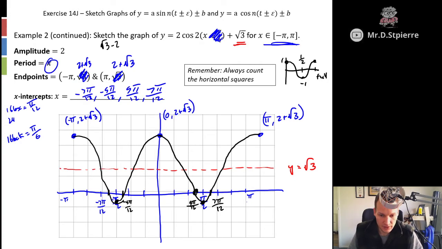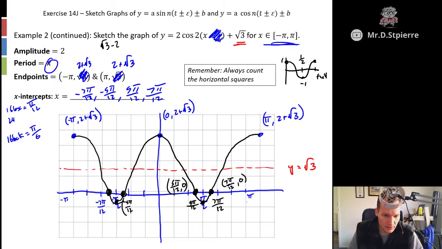So we need to label all our intercepts. That one's done, so we just need to label our x-intercepts properly. So that is 7 pi on 12, 0; 5 pi on 12, 0.